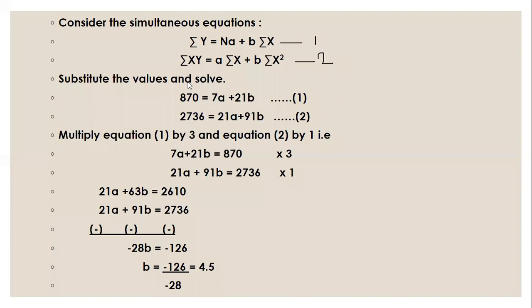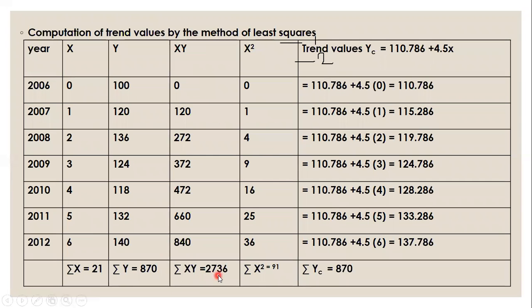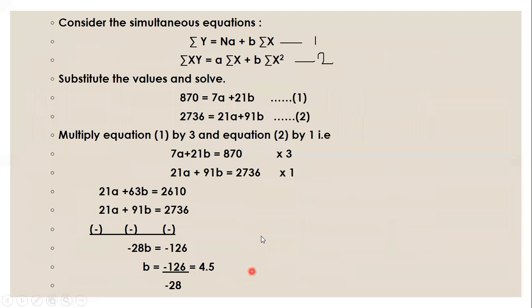Now going on to equation number 2, sigma xy. What is sigma xy that we solved? 2736. So 2736 is equal to sigma x, which is 21, so 21a. A and b, we will be solving, so we will not copy any values for a and b.